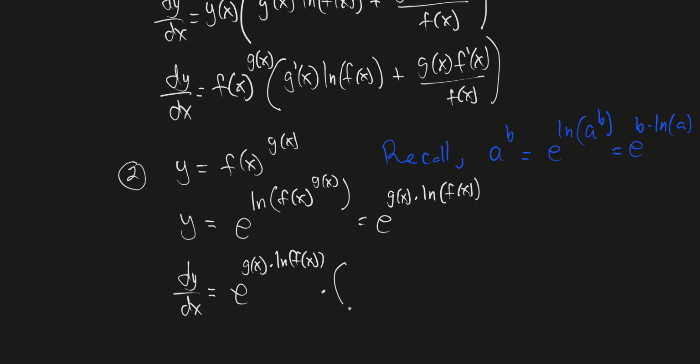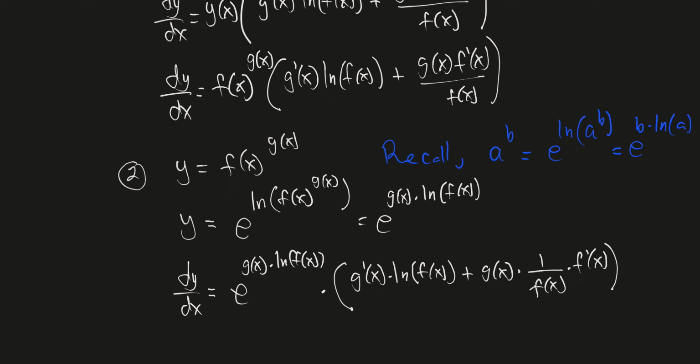So it's times the product. So the derivative of g is g prime, and then ln of f of x and then plus the first times the derivative of the second, which is the 1 over f of x times f prime of x, right?